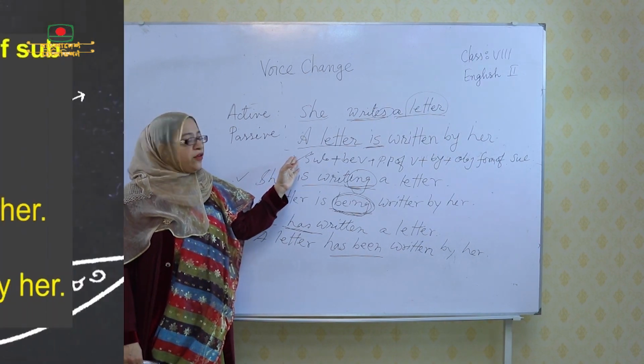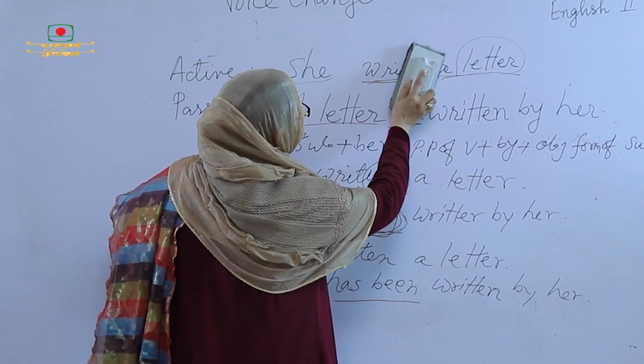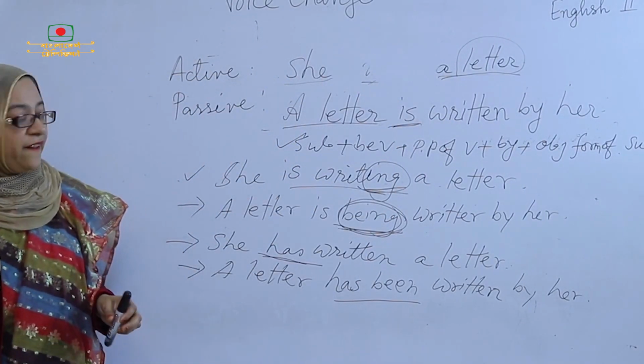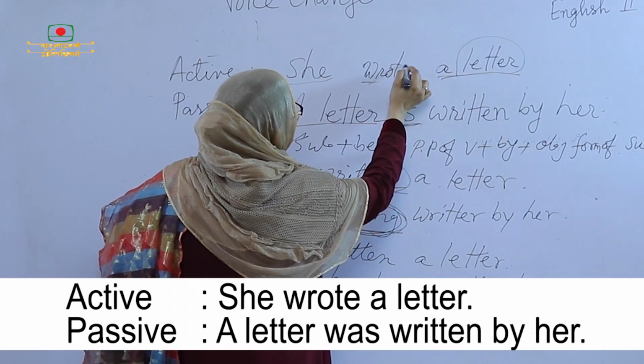This rule you can apply to the past form of the sentences. So I will show you the past form of the sentence. I change the verb: she wrote a letter.